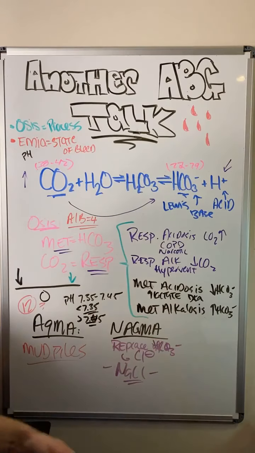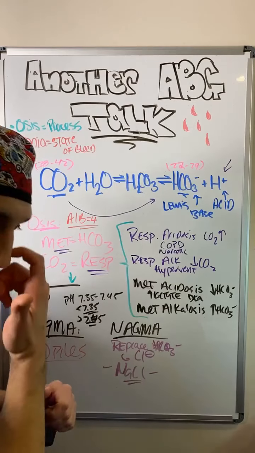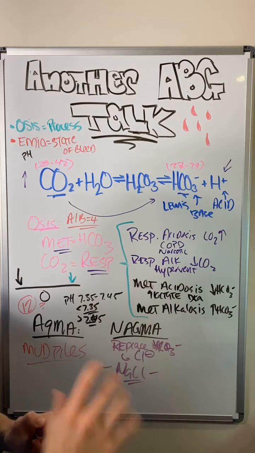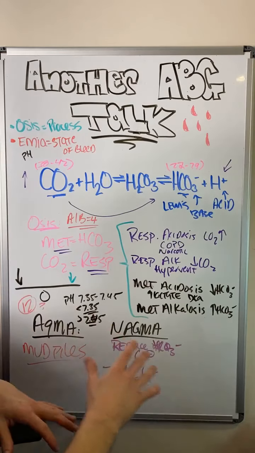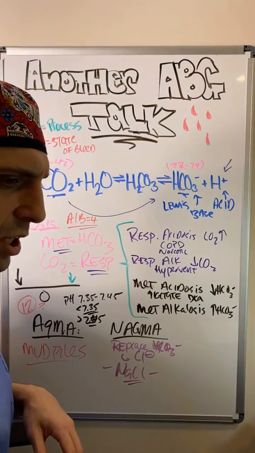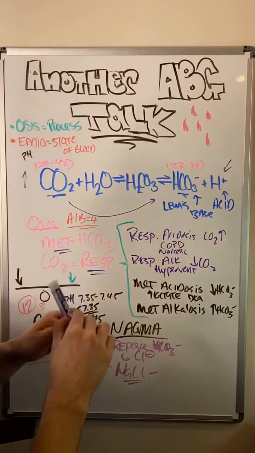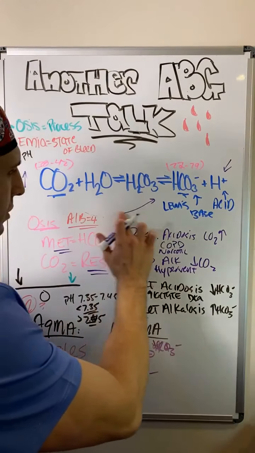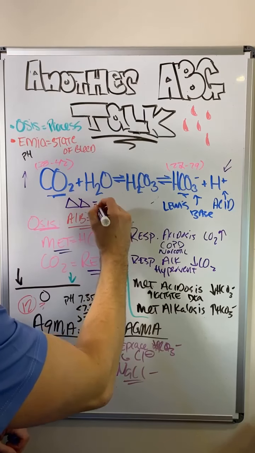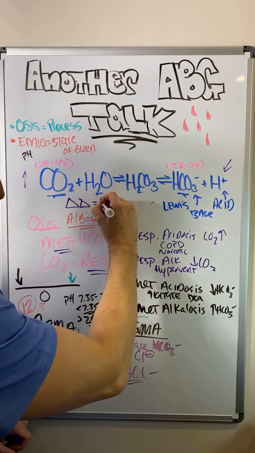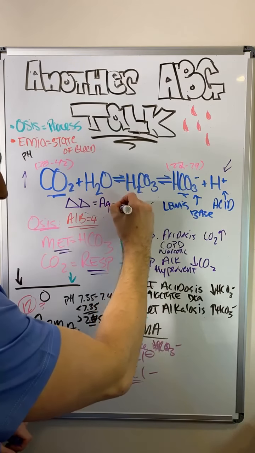So great. Now that we have that, we can talk about the delta-delta, which is the difference in our anion gap. A normal anion gap, like I said, is 12. Wow, I really ate through board space. I apologize. So let me get rid of this here and say our delta-delta, or our delta gap, is equal to our anion gap, whatever we have, minus 12, our normal anion gap.